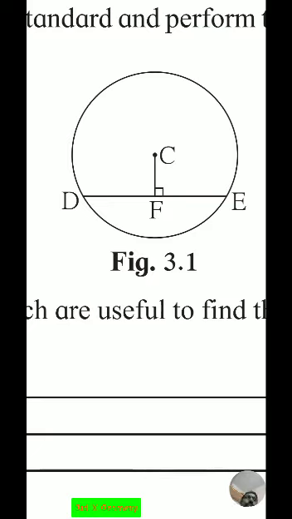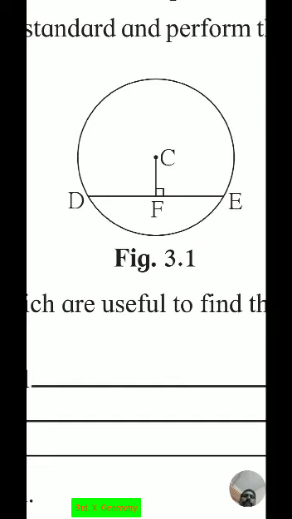We know the property that the perpendicular drawn on a chord from the center of a circle bisects the chord. That means DE is the chord which is bisected by the perpendicular CF.